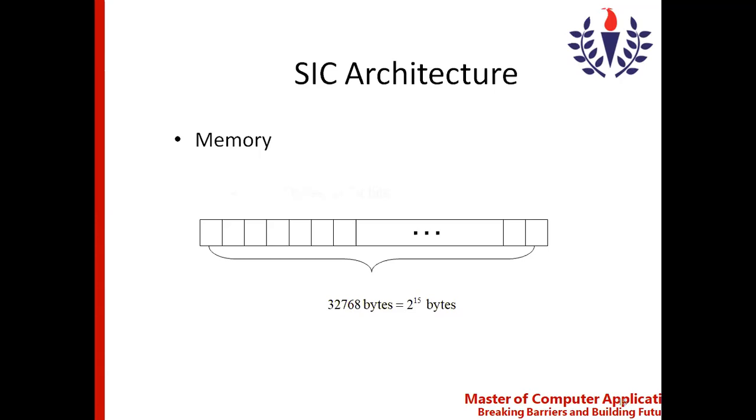The memory consists of contiguous memory locations, wherein consecutive 3 bytes, that is 24 bits, will form a single word. This representation we use in SIC as well as in SIC/XE.